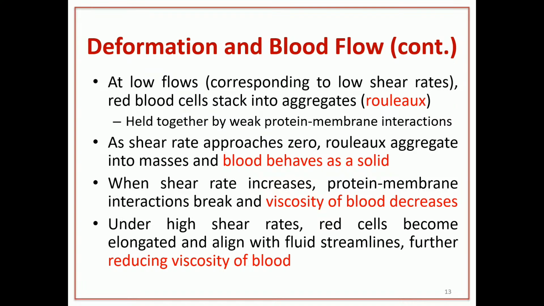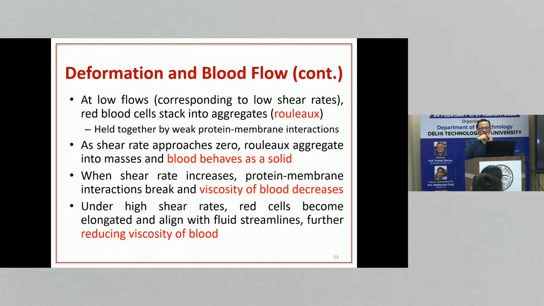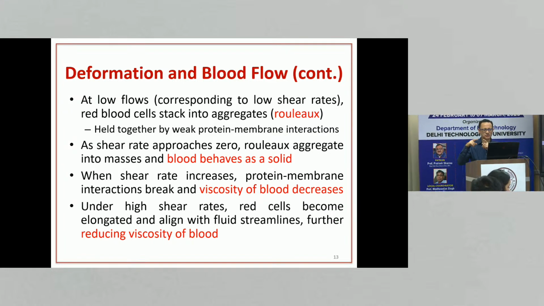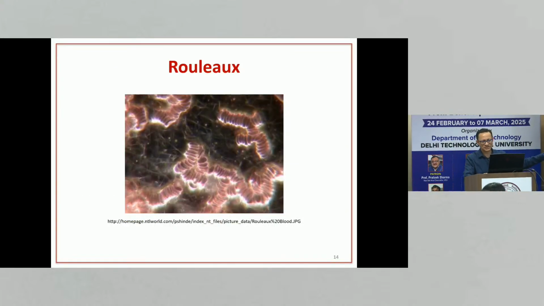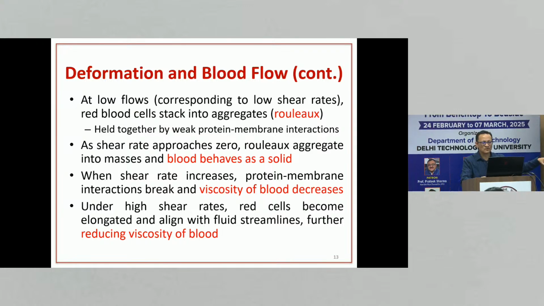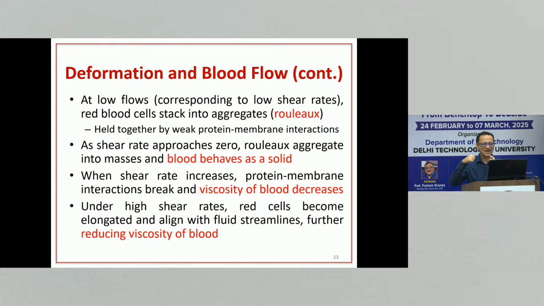Okay, so another concept in blood flow is rouleau. At low flows, these red blood cells can stack one over another, and I'll quickly show you. These are like rouleau formation. With weak protein membrane interactions, these red blood cells can stack over each other, and this is known as rouleau.